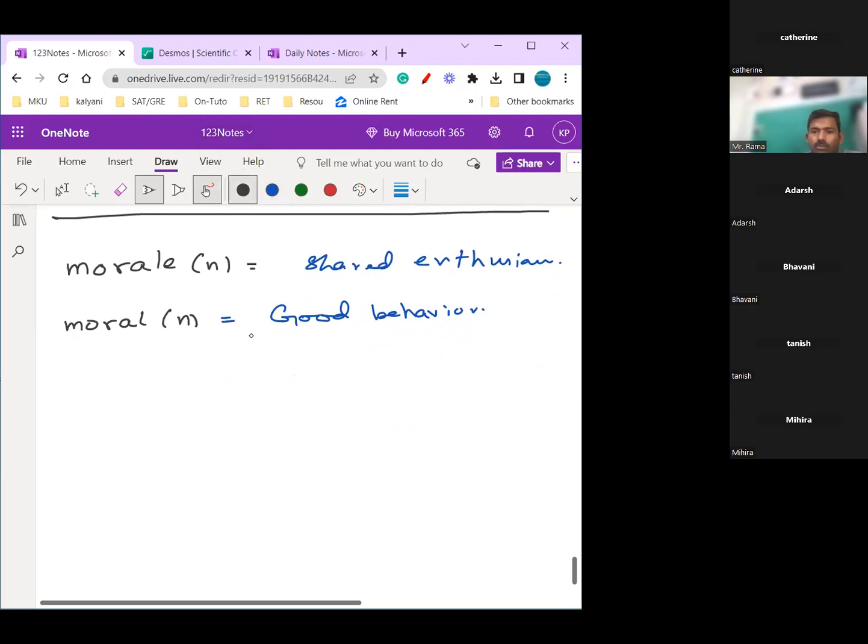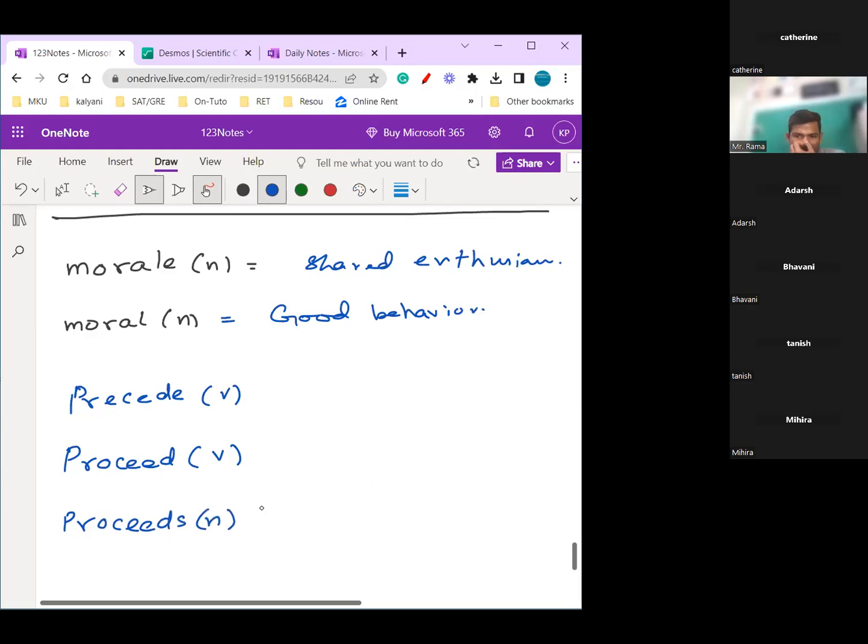The next one we can see: P-R-E-C-E-D-E, which is a verb, and the next one is P-R-O-C-E-E-D, proceed, which is also a verb, and the other one is P-R-O-C-E-E-D-S, proceeds. This is a noun.